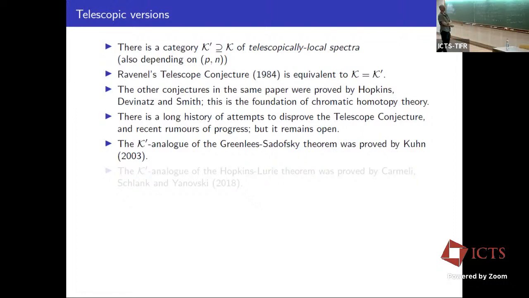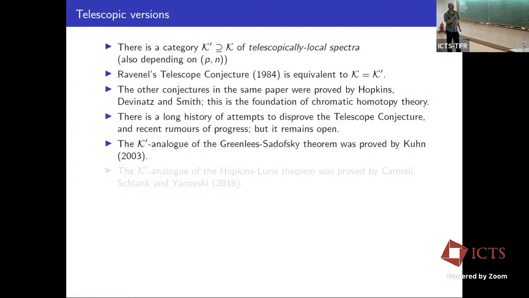And in fact, it's a somewhat different collection of methods that are available for proving things in K prime, partly related, partly not. Anyway, so there was the Greenlees-Sadofsky theorem, proved, I think, in 1996.